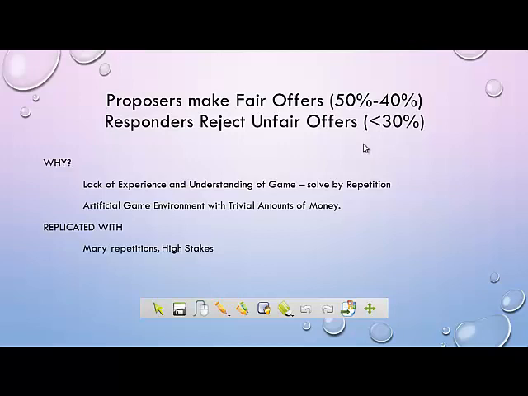And now this is really the contradiction between theory and reality: people reject, which means that they accept 0 and they do not take more money. So this is like preferring less money to more, which is really at the heart of economic theory. If anything economics teaches you, it's that more money is better than less money.